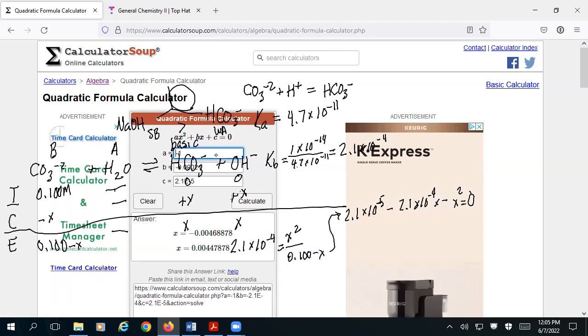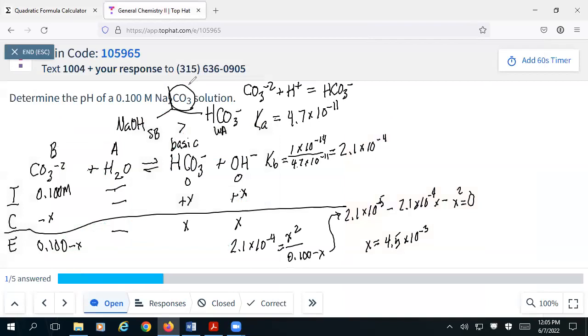We end up with an x value to two significant figures of 4.5 times 10 to the negative third, and that is the concentration of the hydroxide.